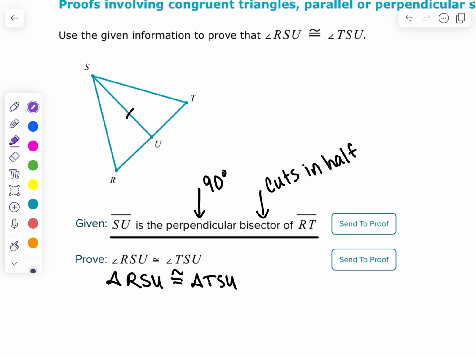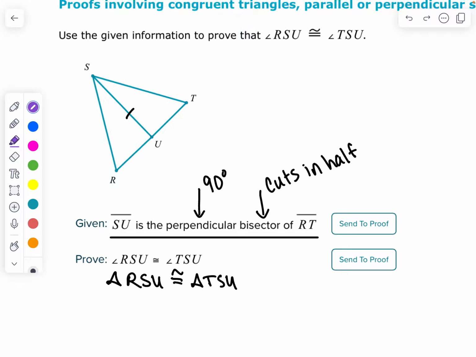So let's look. SU is our thing that's doing, that's our knife, is the perpendicular bisector of RT. So it's coming down at 90 degrees and it's cutting RT in half. Okay. I need to make sure I read that aloud in my head or out loud physically and make sure I know what's happening.